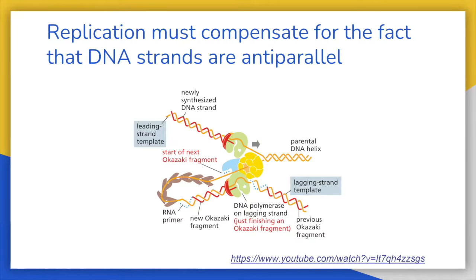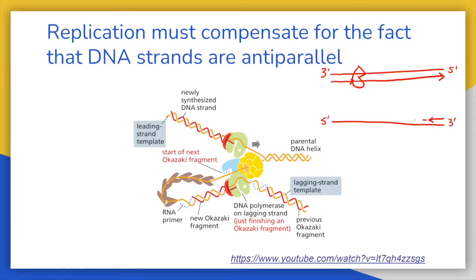One thing to consider, though, is that replication is occurring on both strands simultaneously. So often you'll see a picture that looks like this. And we are growing the chain in this direction. And maybe this is the continuous strand. So DNA polymerase is here and it just extends all the way out. And maybe this is the discontinuous strand. And so DNA polymerase is building this in small pieces.